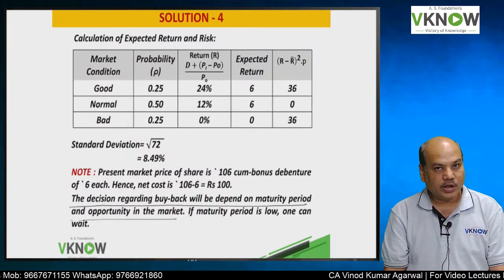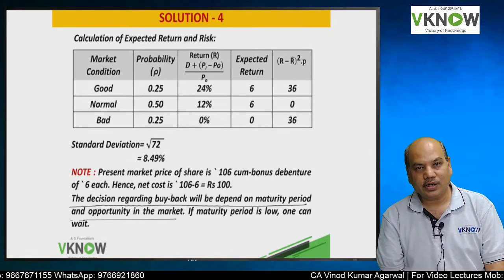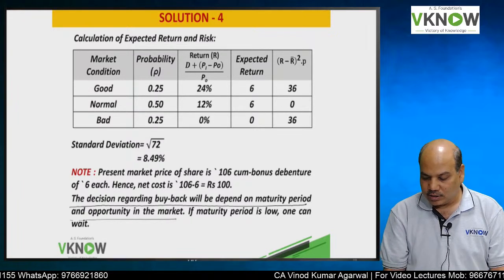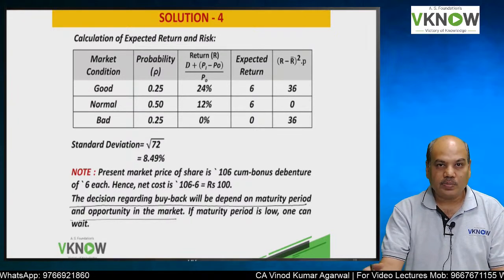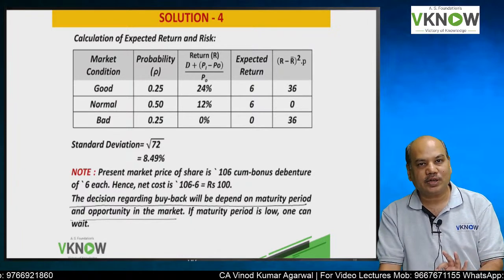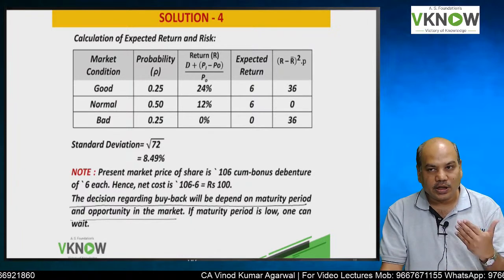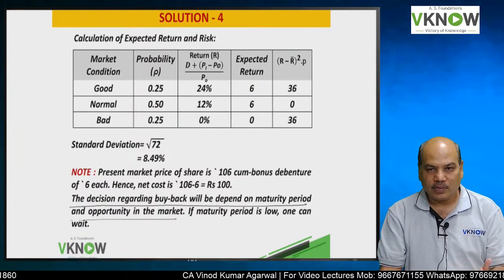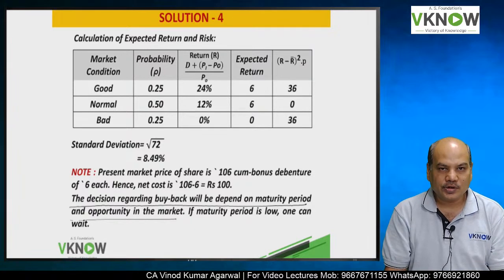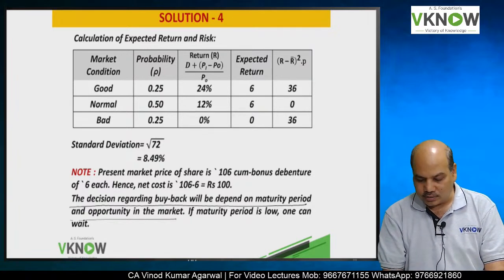That means if you can invest your money at a higher than 10% return, you can go for buyback. Like in this example, the stock is giving 12% return, whereas the debenture will give you only 10% return. So one can think of going for buyback, surrender debenture, get cash, and invest in the share where you can earn a higher return.